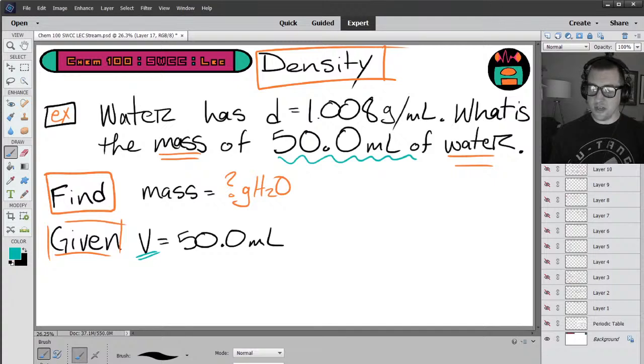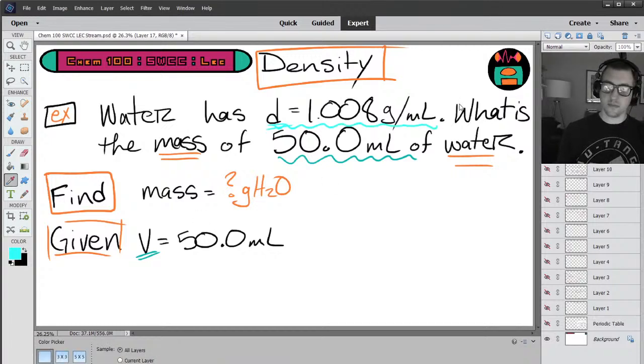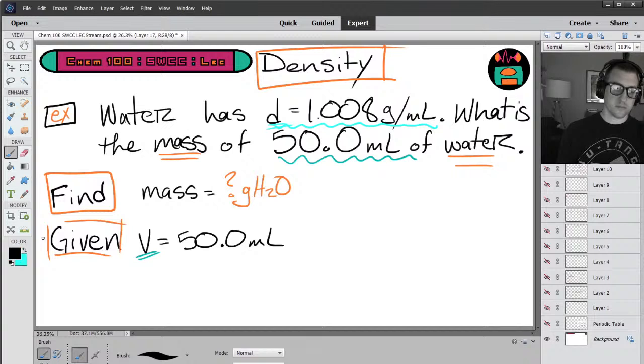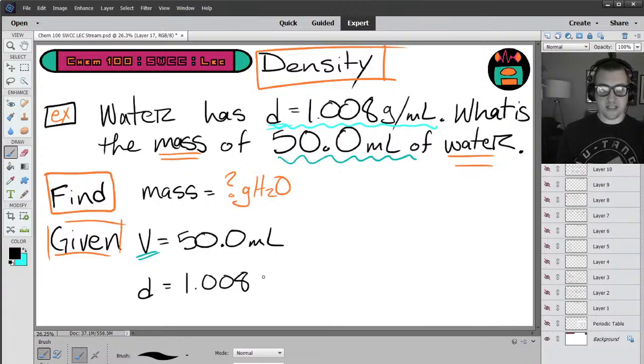The second thing we're given is the density. We're told that the density of water is 1.008 grams per milliliter.